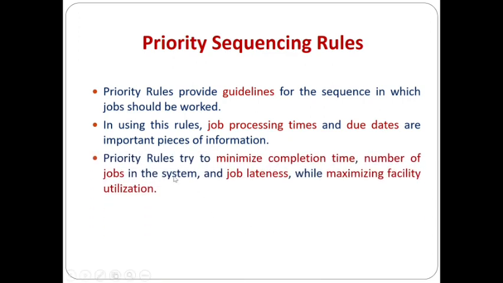And these priority rules try to minimize the completion time or flow time and try to minimize the number of jobs in the system, and it will try to minimize the job lateness. At the same time, it will maximize the facility utilization also.